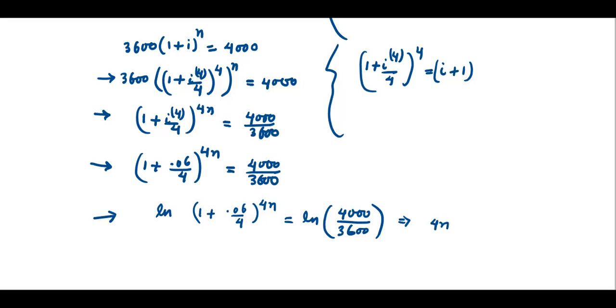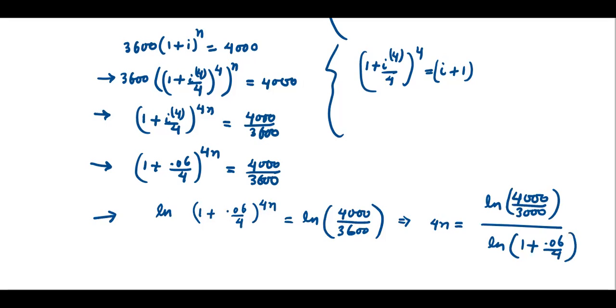This will be ln 4000 divided by 3600, and then further divided by ln of this. If you divide by this, and then this 1 by 4 also you take this side, you will get n here.